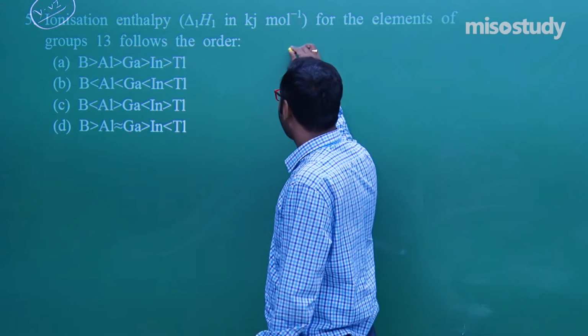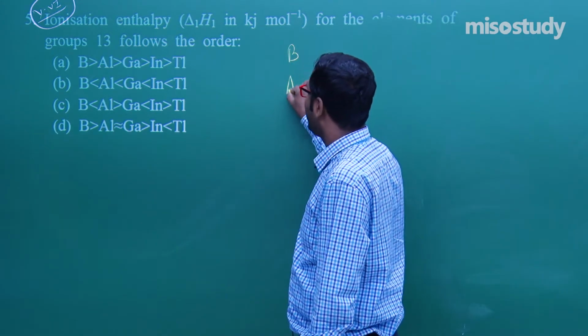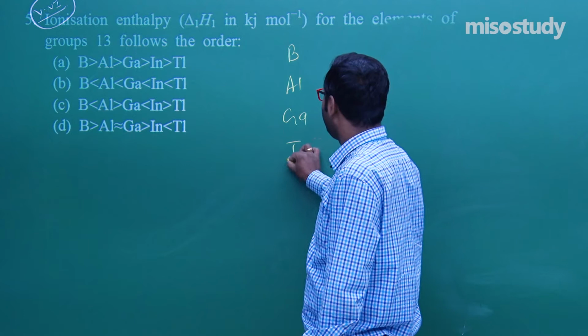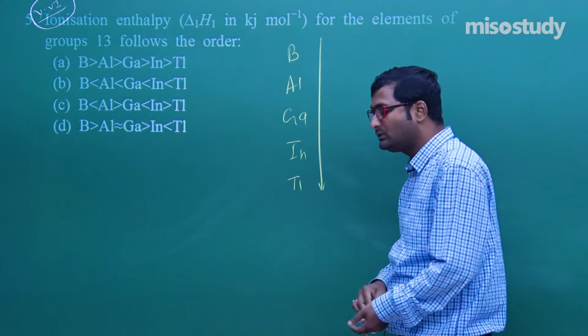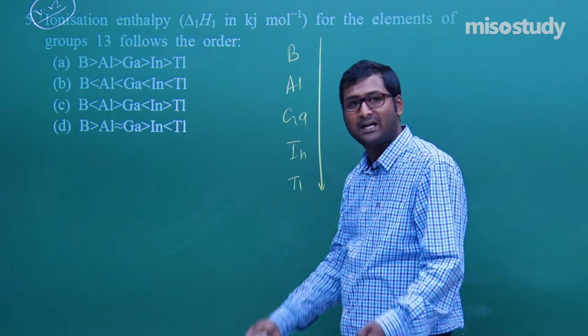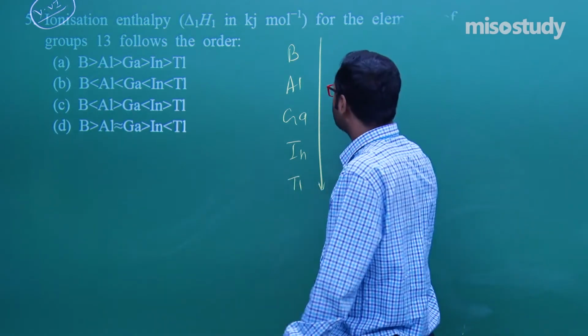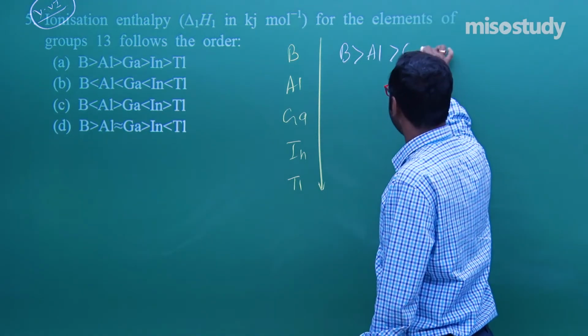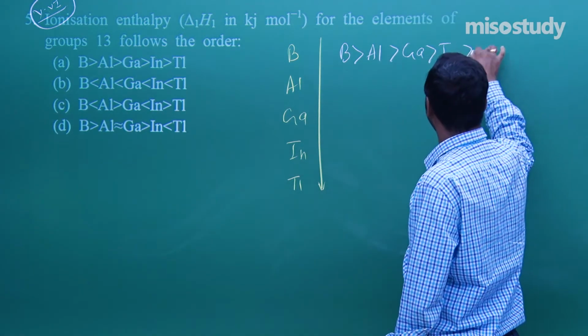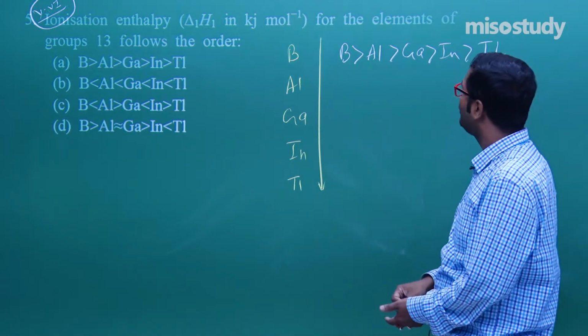In the general case, if I talk about boron, aluminium, gallium, indium and thallium, then when we move down the group, the ionization energy decreases. So the order will be B, Al, Ga, In and Tl. Clear to you?